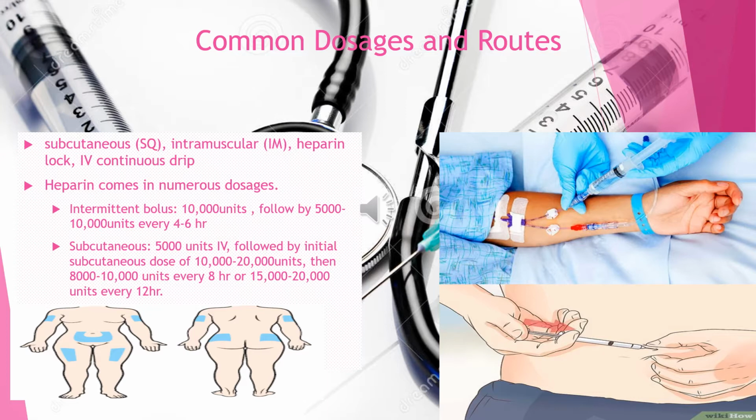When it comes to subcutaneous, it can be given 5,000 units IV, followed by an initial subcutaneous dose of 10,000 to 20,000 units. Then 8,000 to 10,000 units every 8 hours, or 15,000 to 20,000 units every 12 hours.